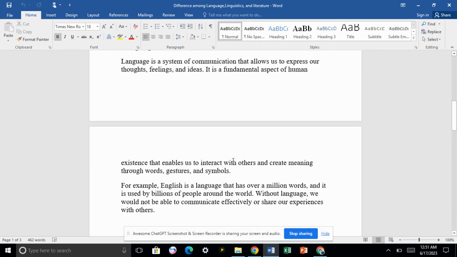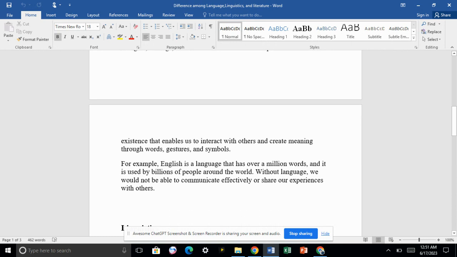This is the source for that. For example, I mentioned here that English is a language that has over a million words in it and is used by billions of people around the world. Without language, we wouldn't be able to communicate effectively or share our experiences with others.